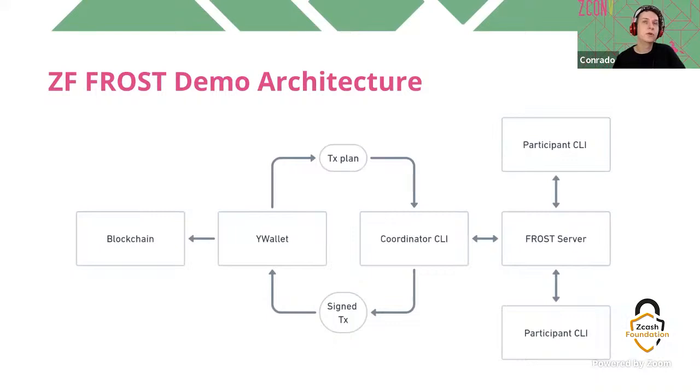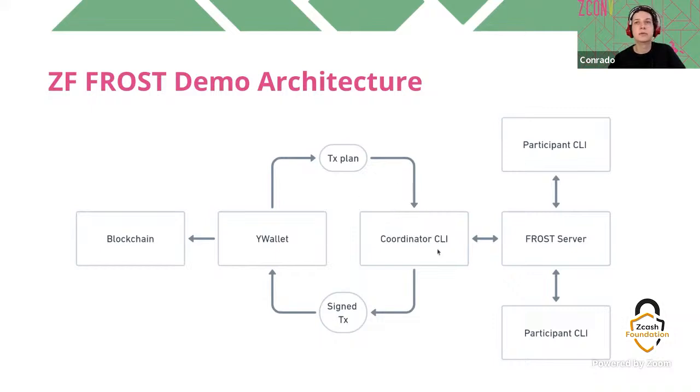So the architecture of the demo as it currently stands works like this. We use Zashi Wallet because Zashi Wallet supports a cold storage mode, where you can create a wallet with just a viewing key. And then when you create a transaction, it actually creates a transaction plan, which you can sign elsewhere, import into a wallet, and broadcast to the blockchain.